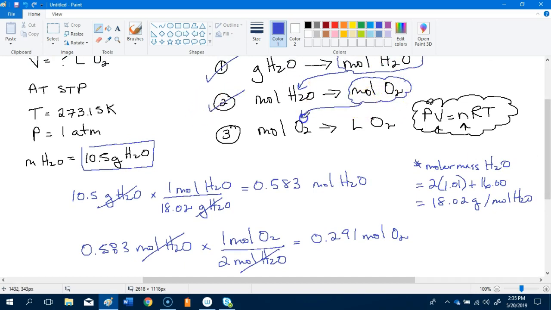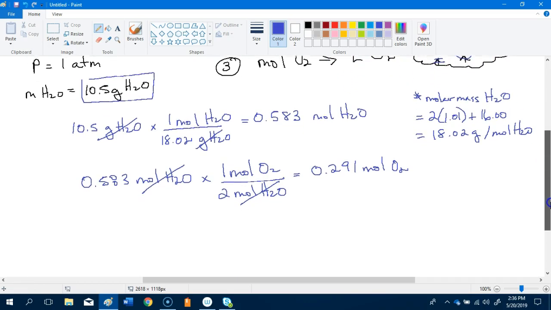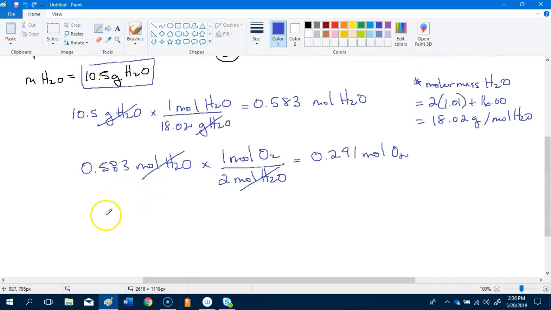I'm going to use my moles of oxygen in my ideal gas equation to find out my volume of oxygen. So that's my last part. I'm going to take my pressure times my volume is equal to my moles of oxygen times my ideal gas constant and temperature. Now pressure at STP is 1 atmosphere times my volume that I'm trying to find.